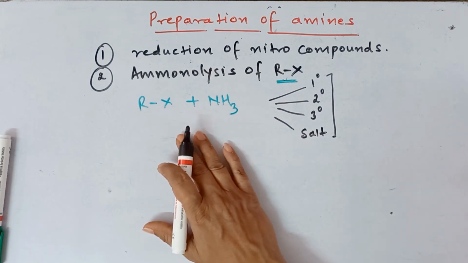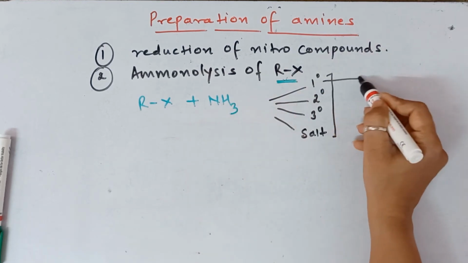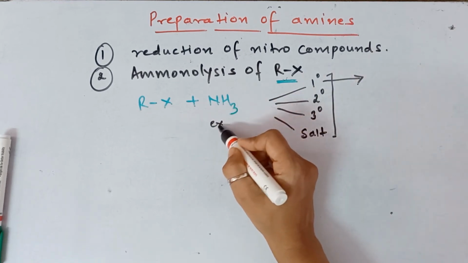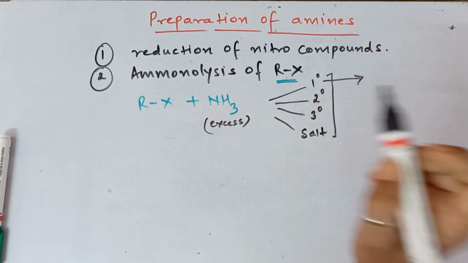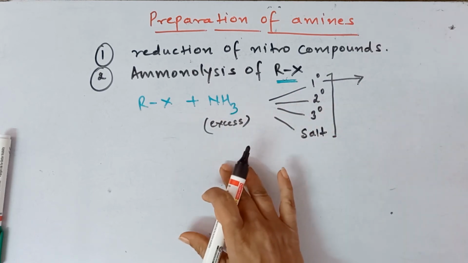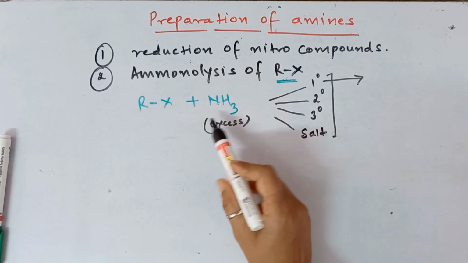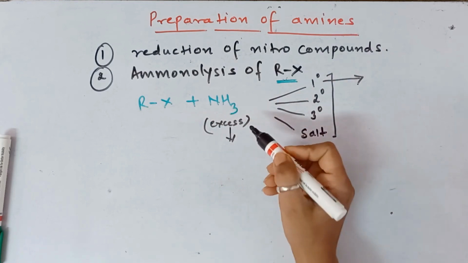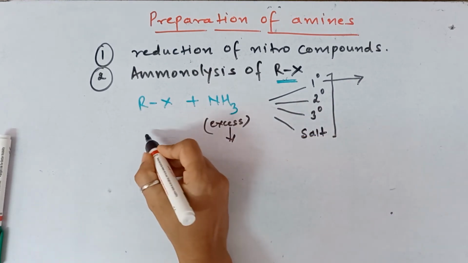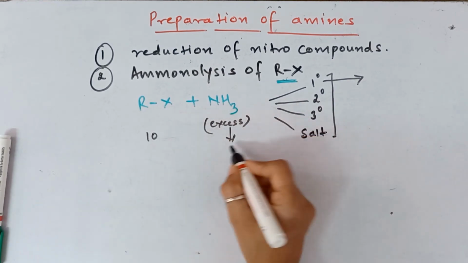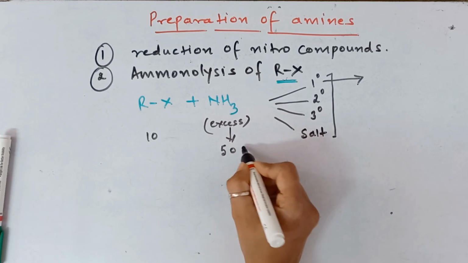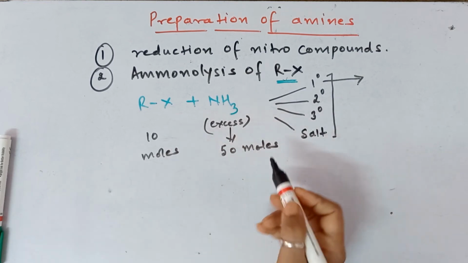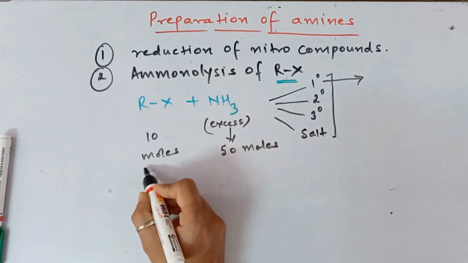And to obtain only primary amine by this method, we use excess of ammonia. So that can be a question for you in the exam. How to obtain primary amine by ammonolysis? The answer is by using excess of ammonia. For example, if you are using 10 moles of RX and 50 moles of NH3, then definitely RX will act as a limiting reagent for us.